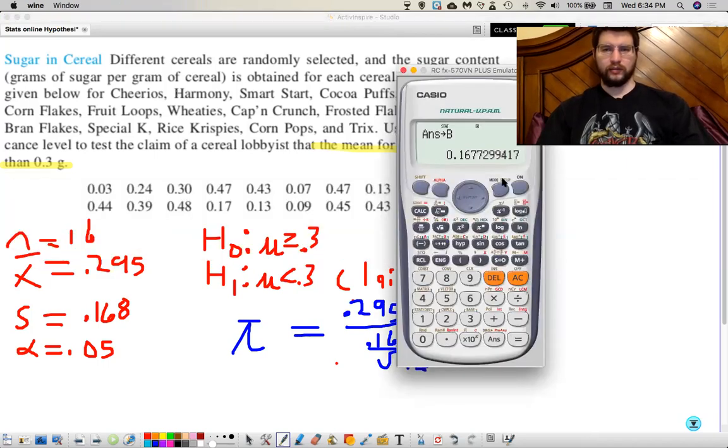I'll do that in the Casio. Go to mode 1. X bar, I named that A. Let me just check. I don't remember. Yeah. And B for, yeah, okay. So A is X bar.